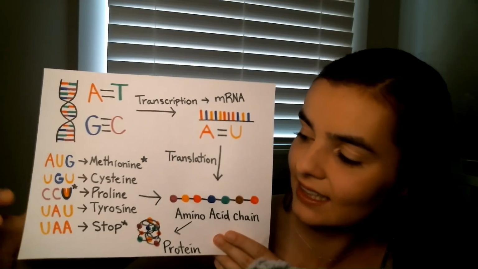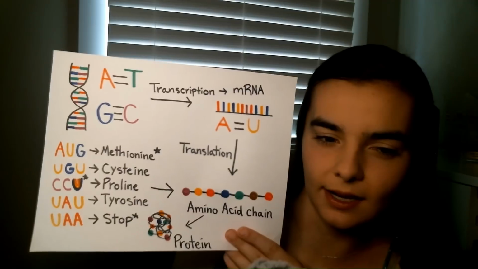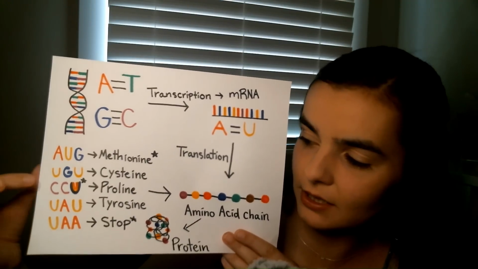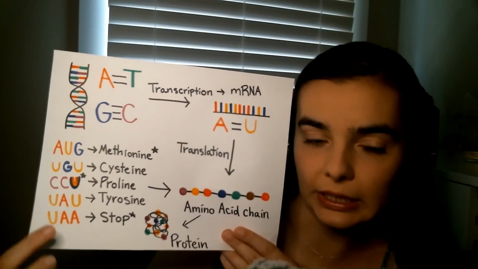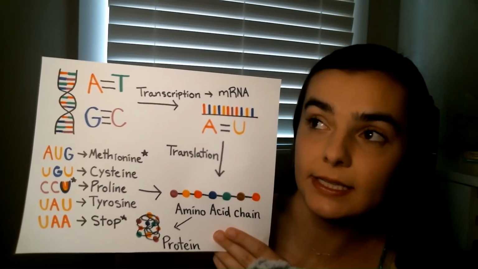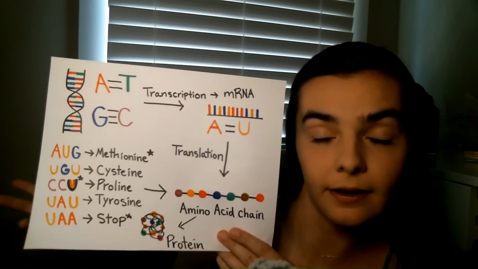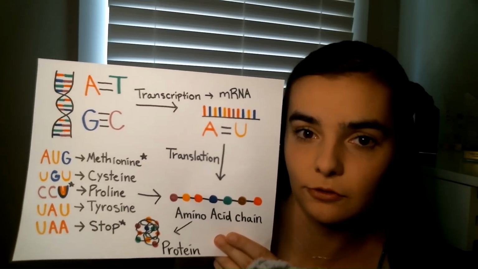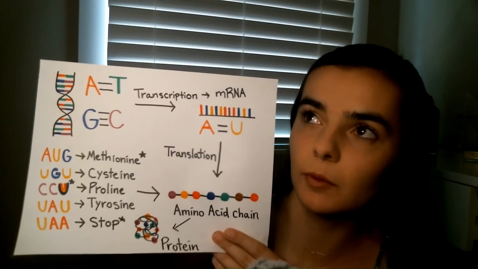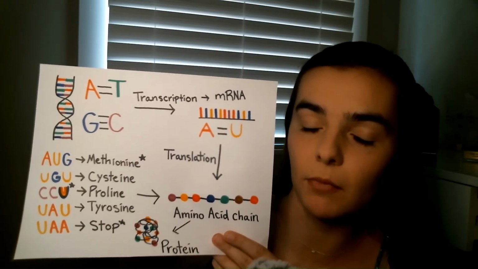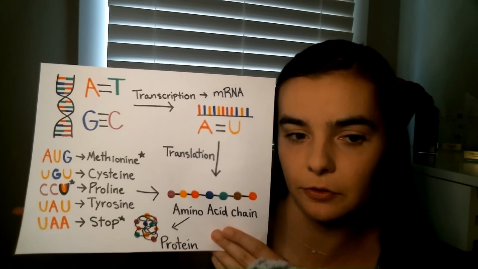And then just some random ones, like this one is cytosine. This one, I don't know why I did it like that, but the U is a bunch of different colors because CCU codes for proline, but CCC and CCG and CCA also all code for proline. So some amino acids are coded for by multiple different codons, multiple different sets of 3 nucleotides.